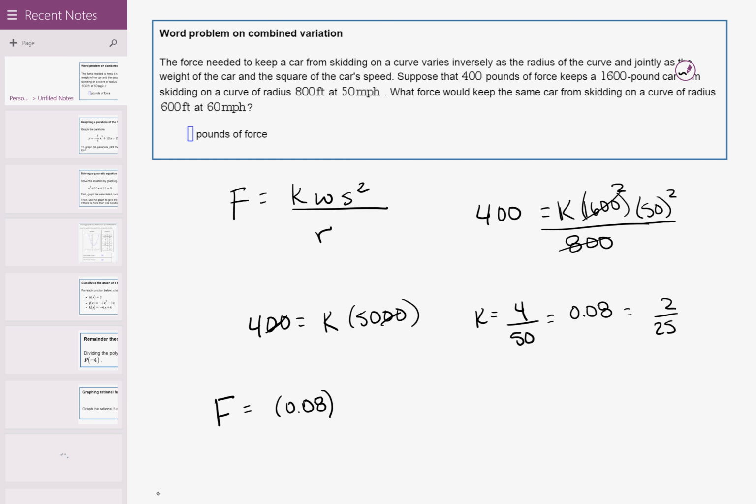My curve has radius of 600 feet. It's the same car, there's a trick for you, so it weighs 1,600 pounds. And my speed is 60 miles per hour, and I have to remember to square that.